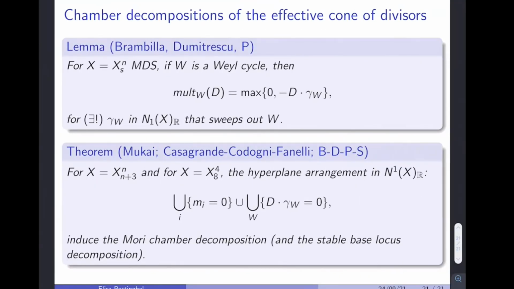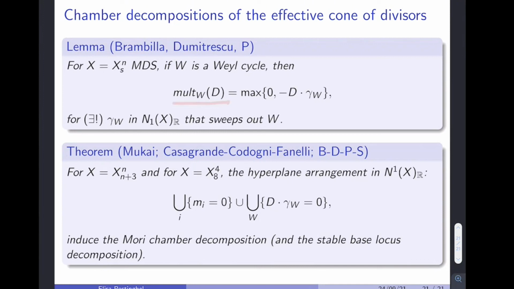So I'm going to simply generalize what I've just explained in the previous slide. So if I take the blow up of P^n at s points, which is a Mori space, and I take W a Weil cycle, I can compute the multiplicity of containment of W in the base locus of D, that I also need for the previous formulas.